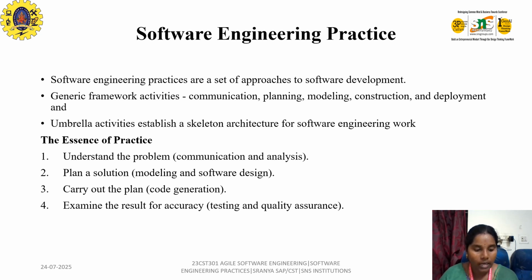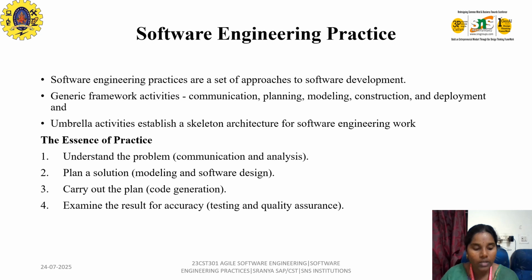The first one is understanding the problem. It is the questionnaire method of the engineering process. The first question is who has a stake in the solution of the problem, that is, who are the stakeholders. Then, what are the unknowns, and what data, functions and features are required to properly solve the problem.